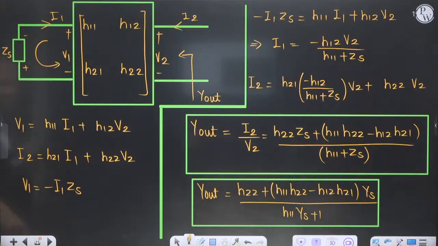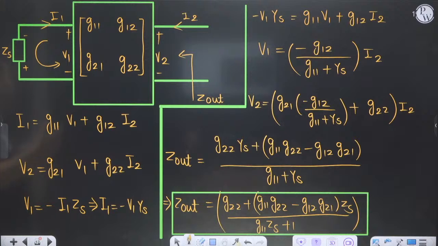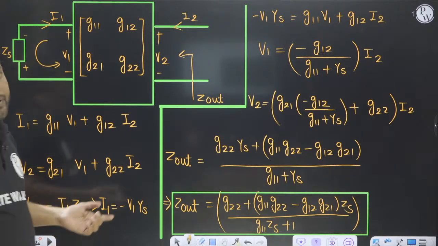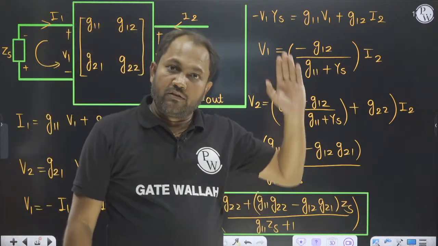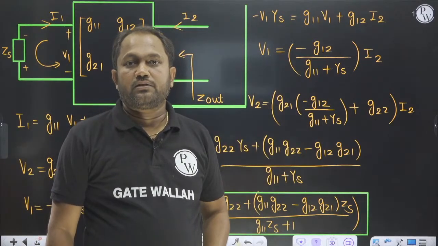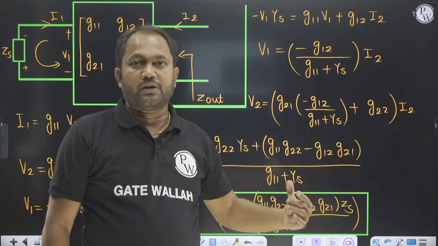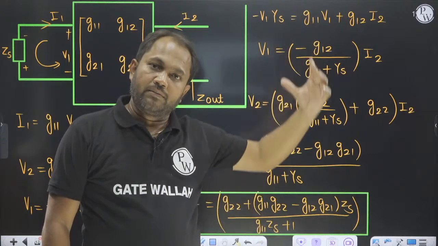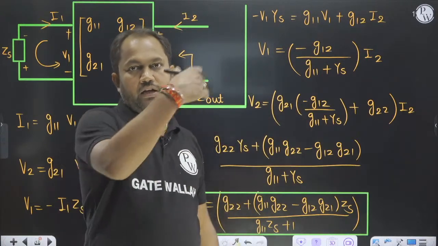So this is a very important point. In terms of Y parameter we have derived, in terms of Z parameter we have derived, in terms of H parameter we have derived, in terms of G parameter we have derived, and in terms of ABCD parameter we will derive. Then we will write the equations for H parameter, G parameter, Y parameter, and also Z out.